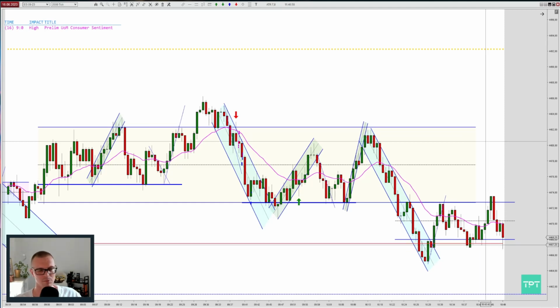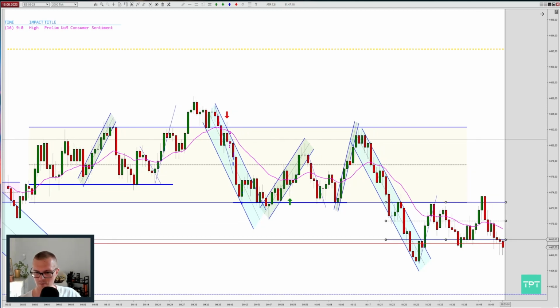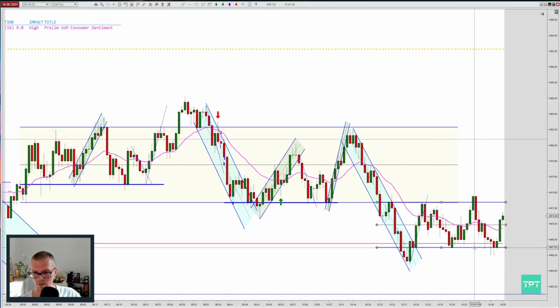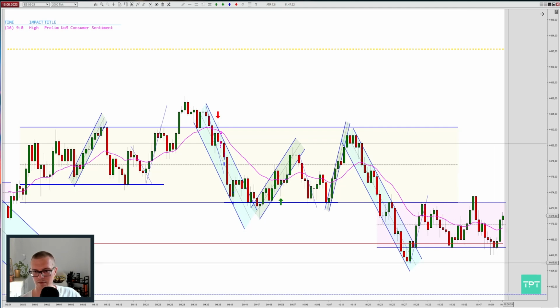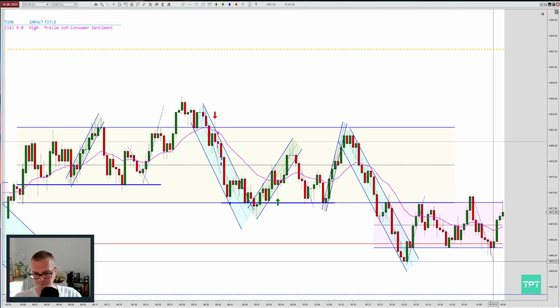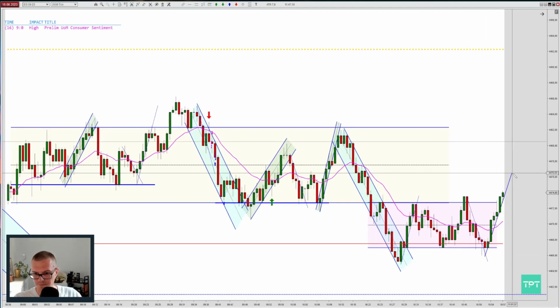Maybe the range is even bigger than that, but let's see what prices are doing. We're bouncing off this support here, so maybe the range looks like this. And let me give it a different color. Yeah, pushing higher now. We'll draw the shorter term channel.